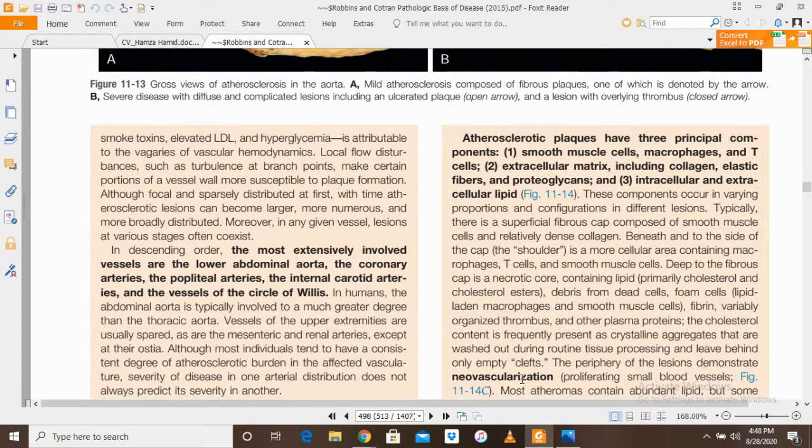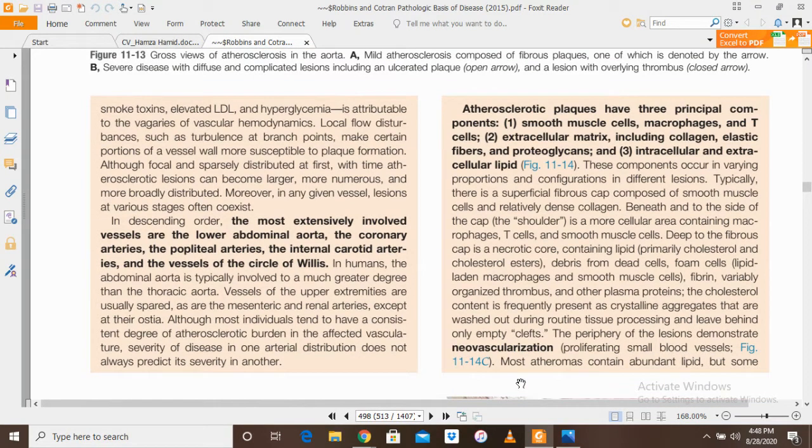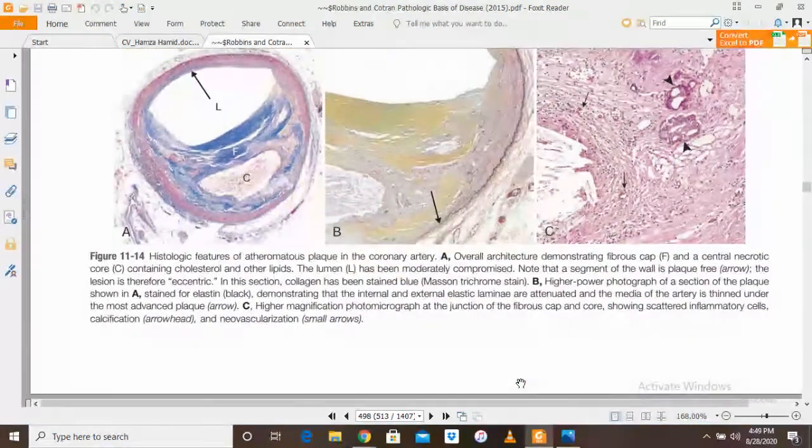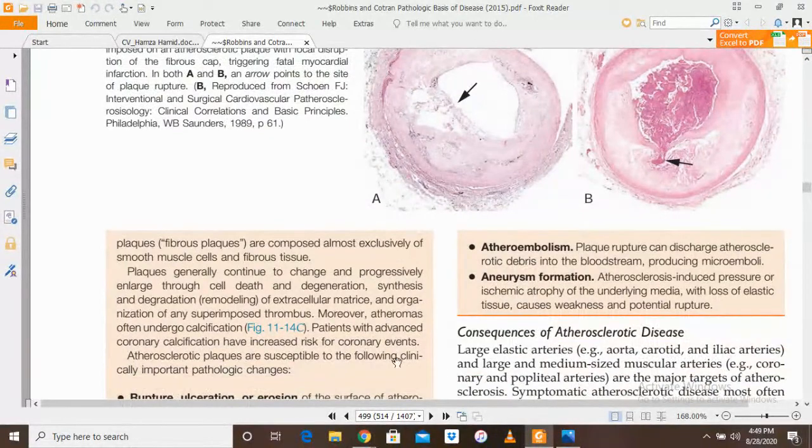The adventitia normally has the vasa vasorum, the vessels of the vessels, which supply blood to the vessel wall. So these new vessels come from the vasa vasorum of the adventitia. Most atheromas contain abundant lipid, but some plaques are mostly fibrotic.